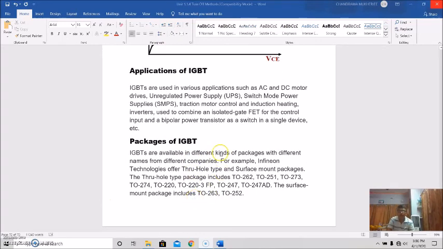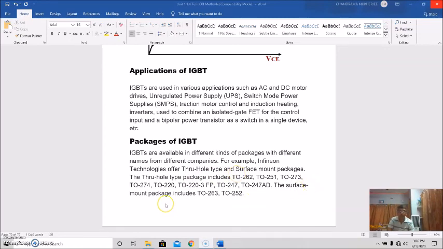How is this IGBT available in package form? Different kinds of packages with different names from different companies are available. For example, Infineon Technologies offers through-hole type and surface mount type packages.